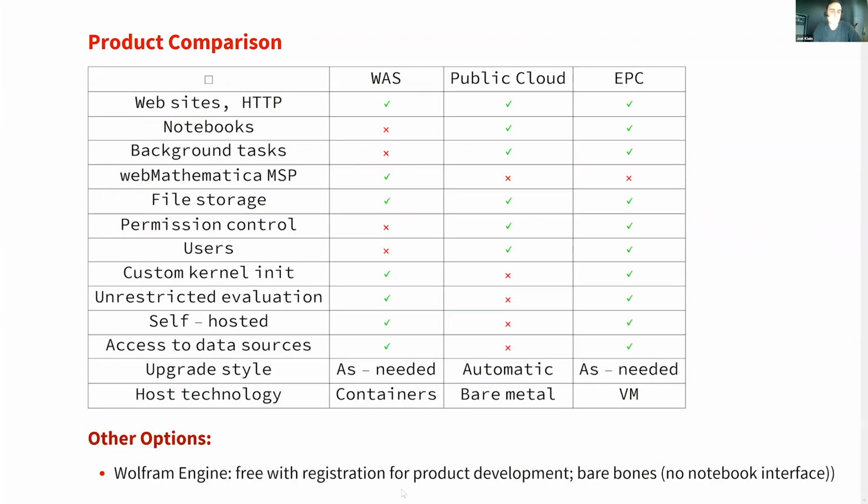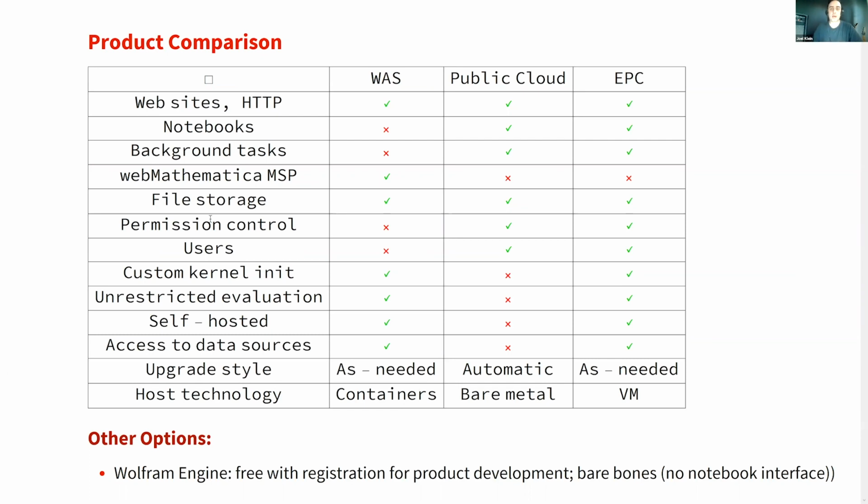So I wanted to look at Wolfram Application Server, which Andrew DeLay introduced earlier this week, and compare that to public and private cloud, because there are definite use cases for all of these, and you really just need to examine your own needs and see where you lie.